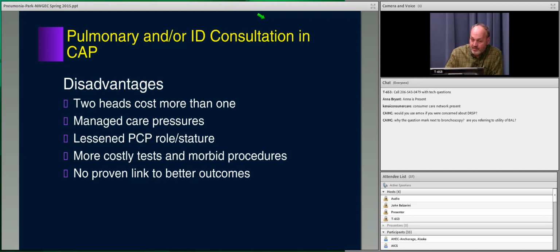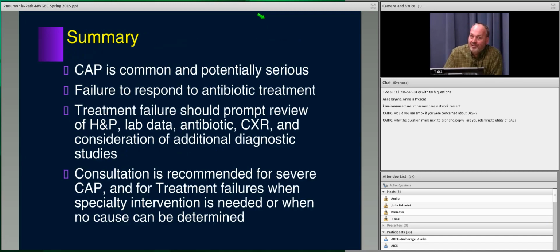Pulmonary and ID consultants have more experience with infectious and non-infectious pulmonary diseases. We have specialized procedures that we have available to us, and we can proceed to more intensive supportive care pretty effortlessly. Okay. On the other hand, 2 heads cost more than 1, way more.